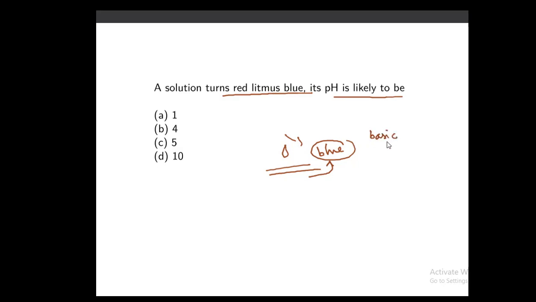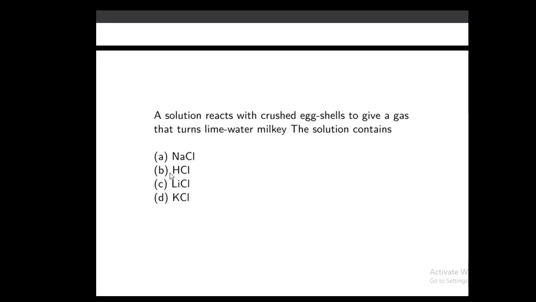So what is the pH of basic solutions? After 7, we have 8, 9, 10, up to 14. All these are basic in nature. Going through the options, 1 is acidic, 4 is acidic, 5 is acidic. So the pH is likely to be 10. The answer is 10.